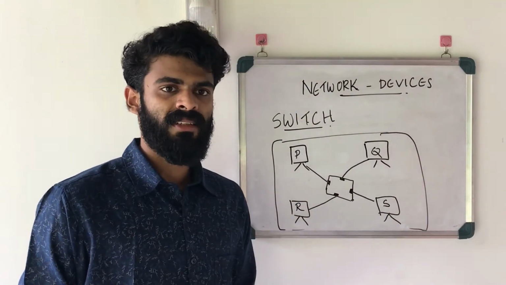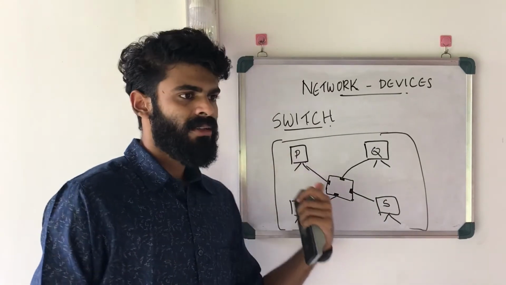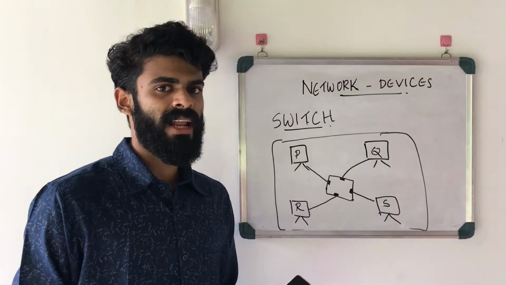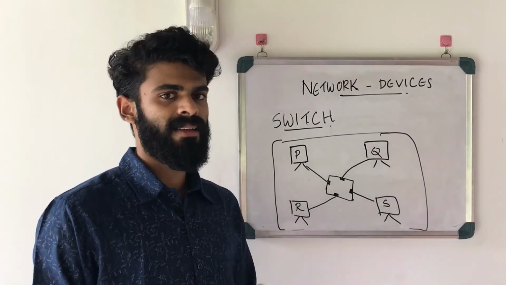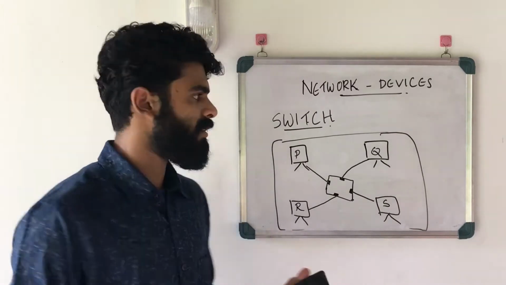The purpose of the switch is to send a data packet from P to say S. So in order to do that, we need to identify P and S, and this can be done by a specific thing called MAC address or MAC ID.